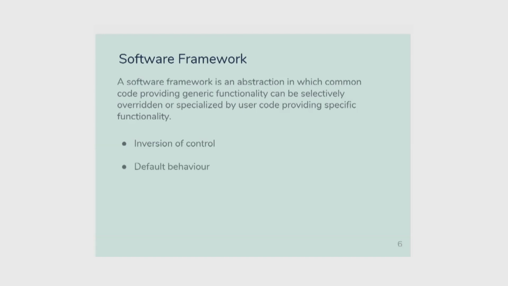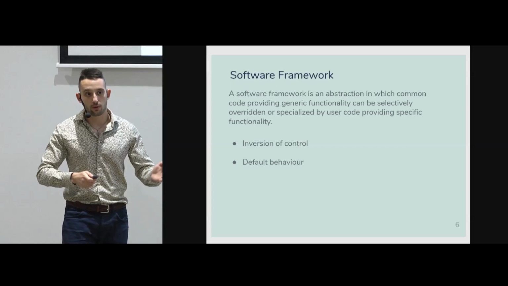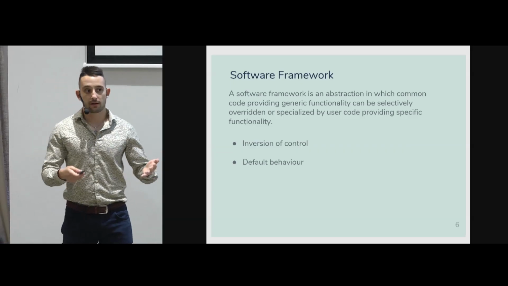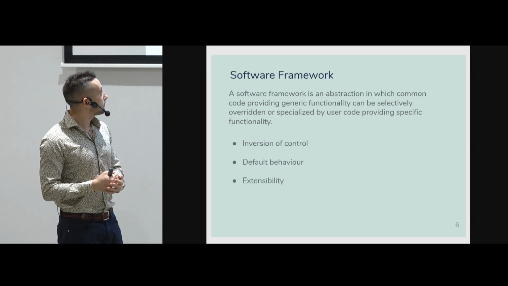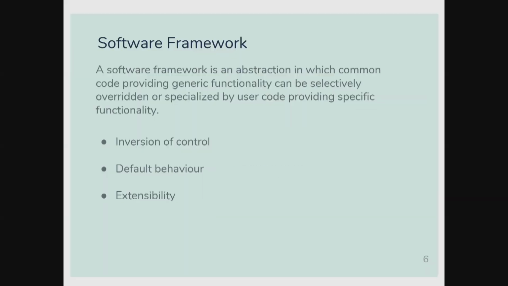Then the framework usually gives you a default behavior, a meaningful one, like when you call datetime.now, you get the current time. Then you can extend it, usually by overriding some methods or using events. And lastly, you can extend the framework, but usually you're not allowed to modify the code.